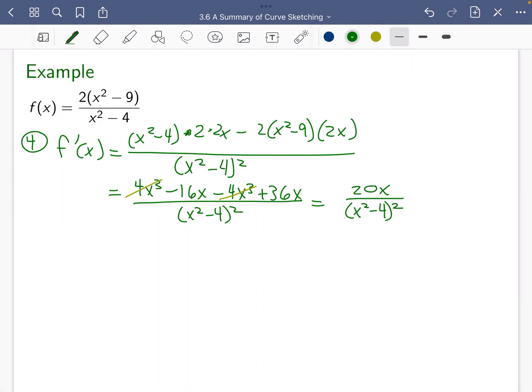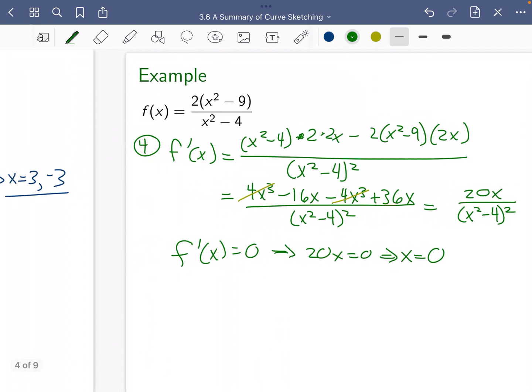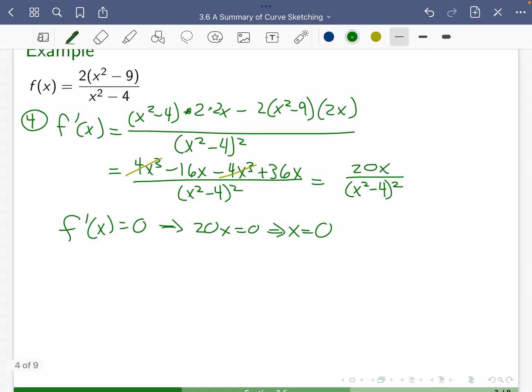So when is our derivative equal to 0? Well, it's going to be equal to 0 if that top part is 0 and the bottom part is not 0. So if 20x is equal to 0, so if x is equal to 0, we're going to have a critical point, a critical number.